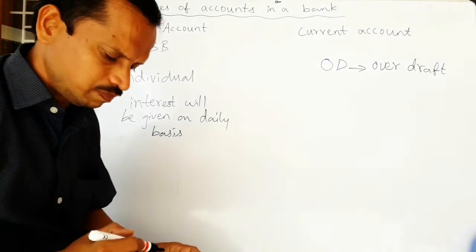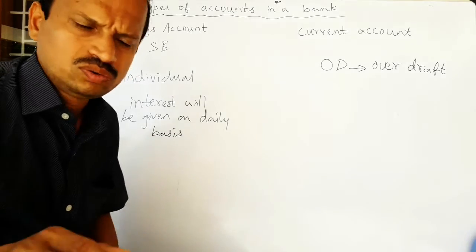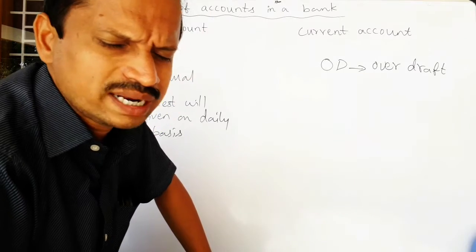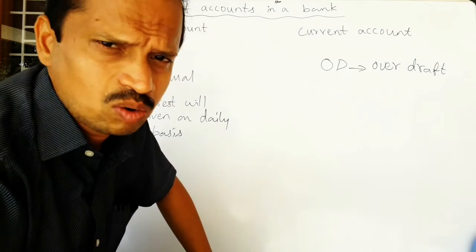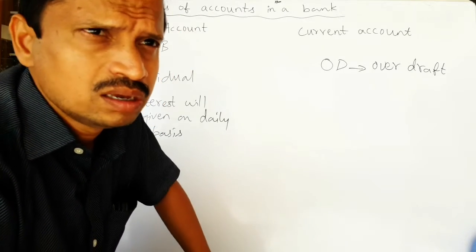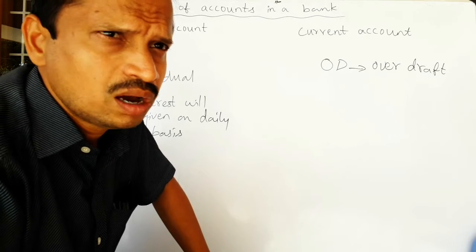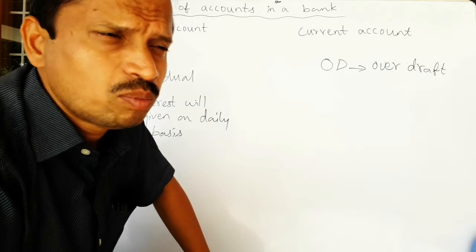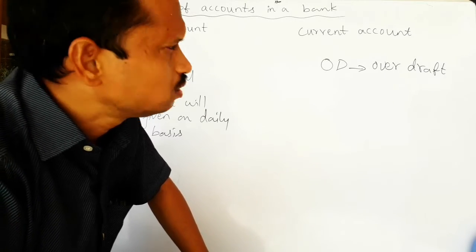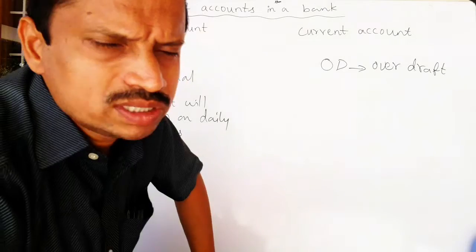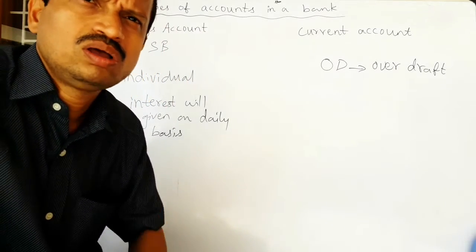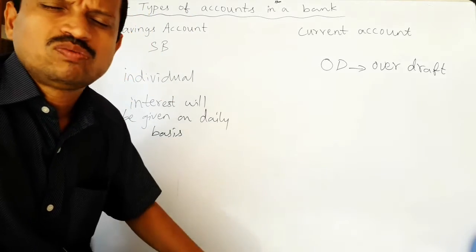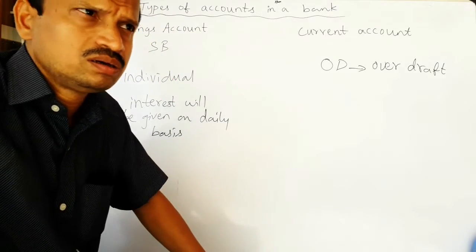Overdraft means if you are doing a business, and in one transaction the money you have in the account is not enough, and you need some more amount, then we can borrow from the bank. That is called overdraft. We can borrow how much we need, and we can use it for our business, to develop the business.